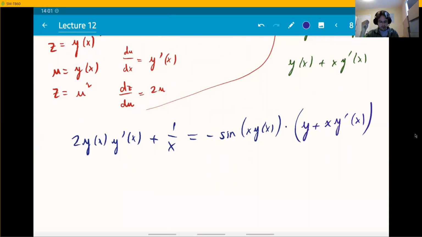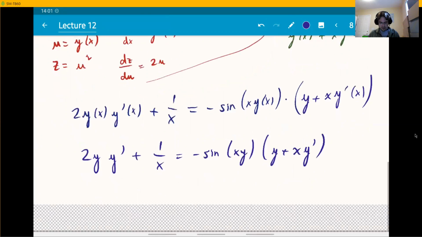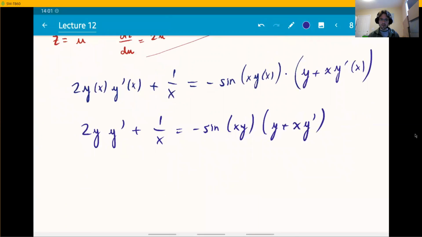I'm going to erase the x dependence now from the y and the y prime terms, just so it's a little bit cleaner. Usually we're not going to be writing the x dependence. I just did it in here so we remember that y is a function of x. We need to be very careful taking these derivatives. But this is the derivative of the expression that was given to us.